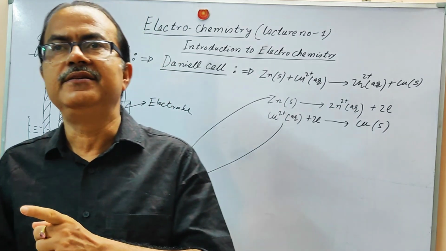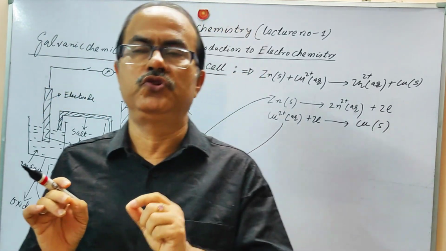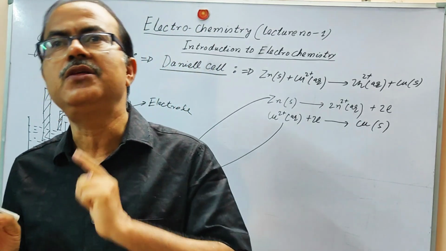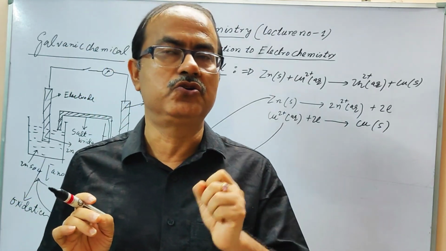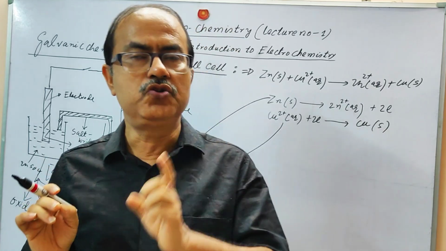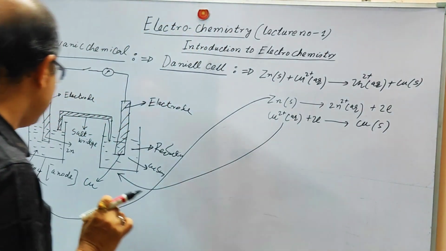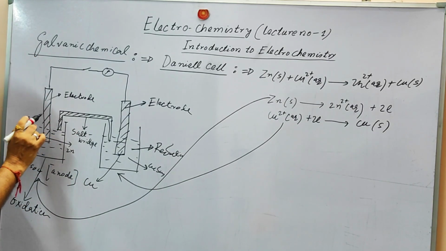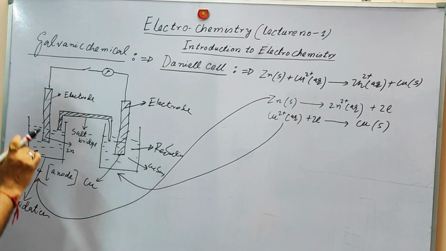The other is that metal atoms from the electrode want to go into the solution as ions by leaving electrons, and this tendency puts the electrode in a negatively charged condition. So let us understand what is happening here. Zinc has a higher tendency of losing electrons. So what will it do?